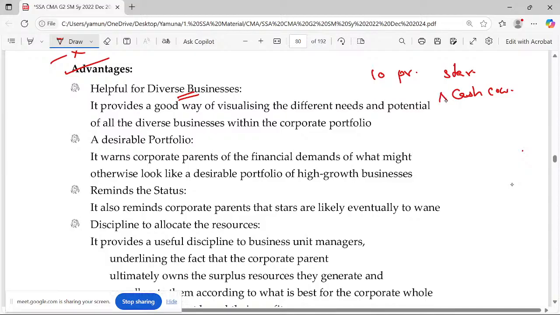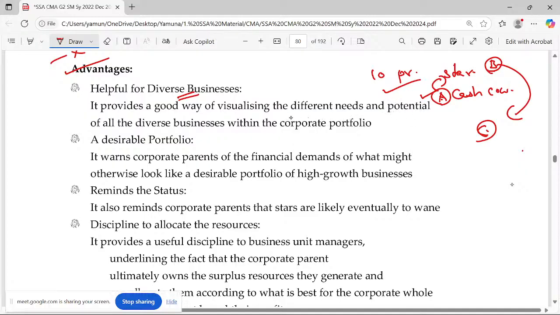If product A is a cash cow, then it will be fetching the stars. If product B is a star, then it will be fetching product C, because you have 10 products, right? So if you are in a diverse business, this will be helpful. If you are in a single business or your portfolio is very small, then it will not be helpful.